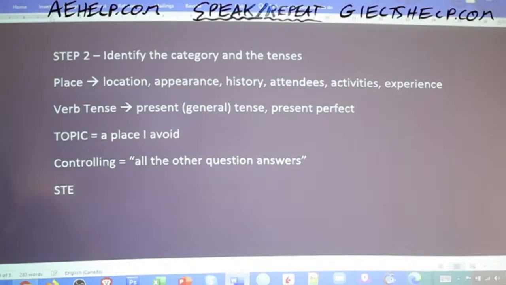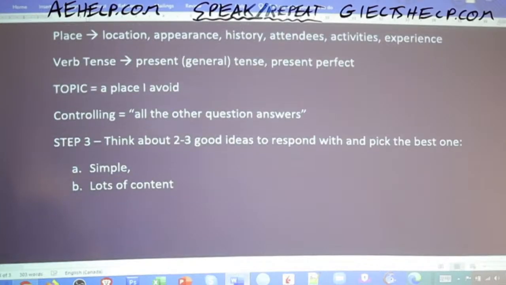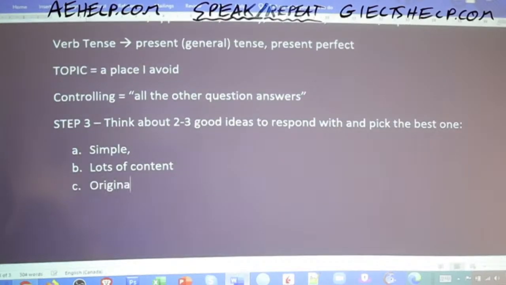So the next step now, Akshay, I believe it was Akshay that said this, now is when you want to think about 2 to 3 good ideas to respond with and pick the best one. Okay? Find one that's simple, lots of content, okay, and is original. So not every student is talking about it, all right?